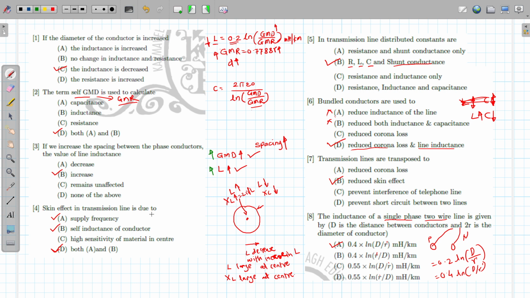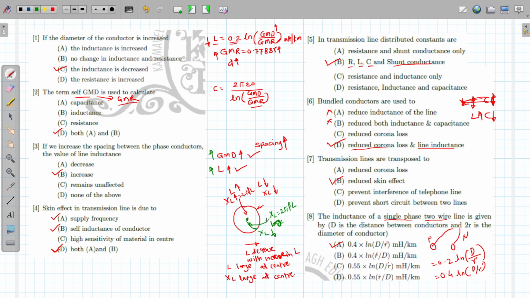Skin effect in the transmission line is due to the following. In the conductor at the center the value of the inductance is high, and you know that the inductive reactance is given as 2 pi FL. The value of XL at the center is large, and if you move away from the center, the XL goes on decreasing.